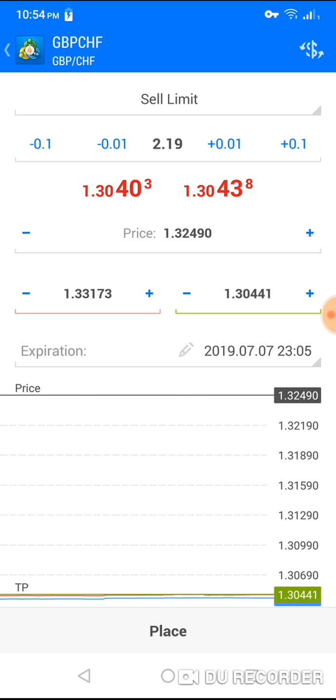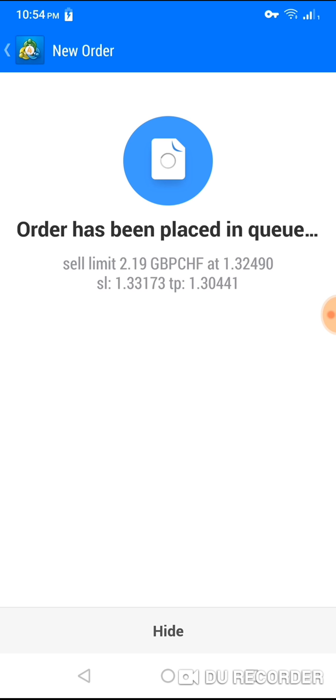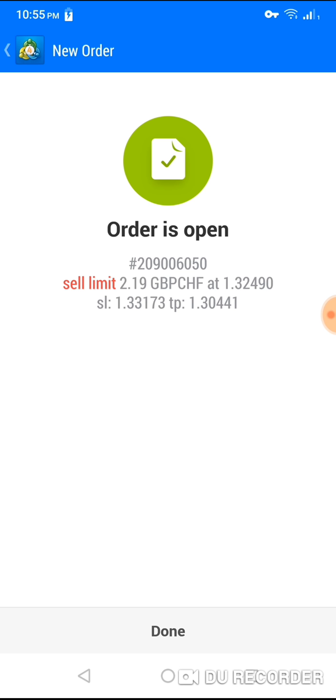So I always use 3 months out. You can use whatever you choose to use. And now our trade is set up. The only thing we need to do is click place and it will place that trade. So the order is open.